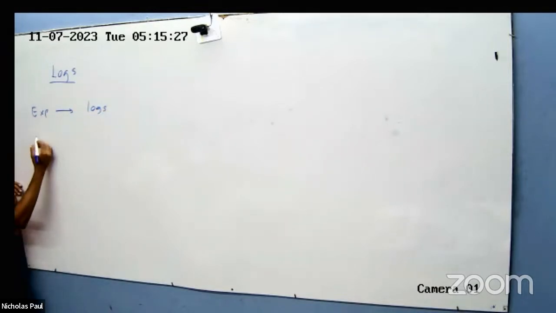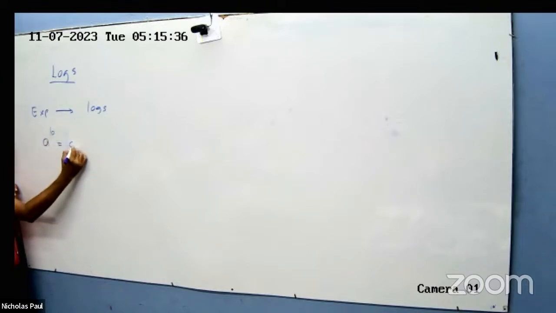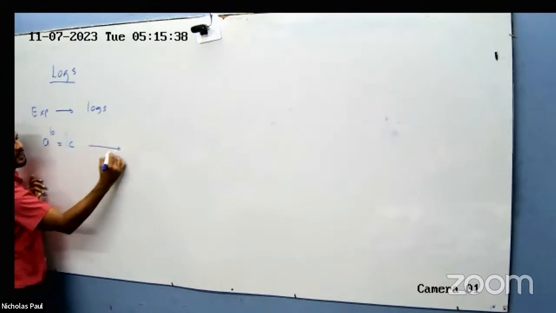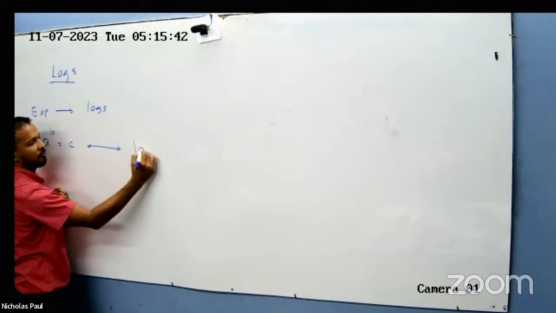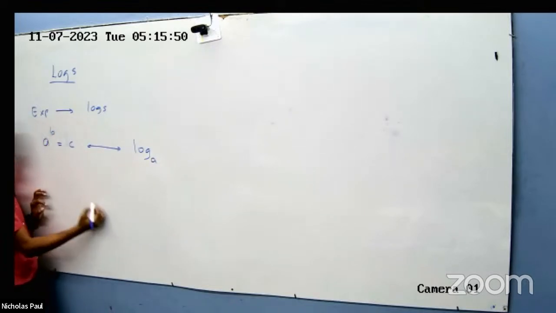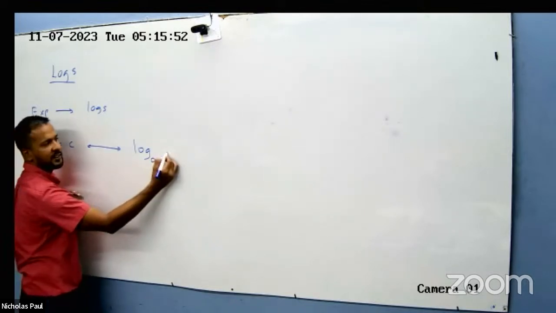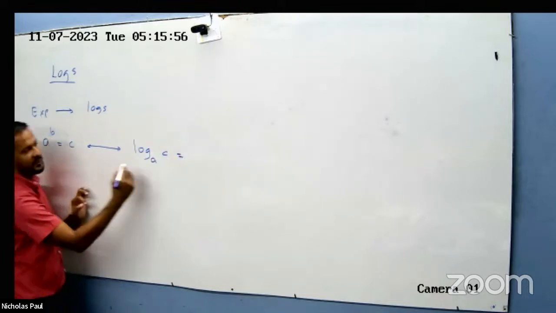If I gave you a to the b is equal to c, to convert to the log form, what do we do? Bring down the a, it becomes the base, bring across the c, it becomes the value you find the log of, and b is the answer.